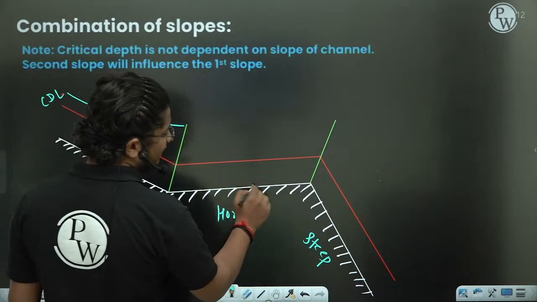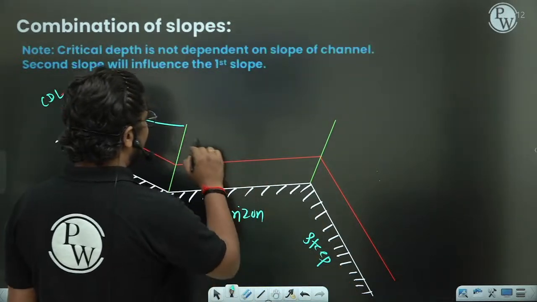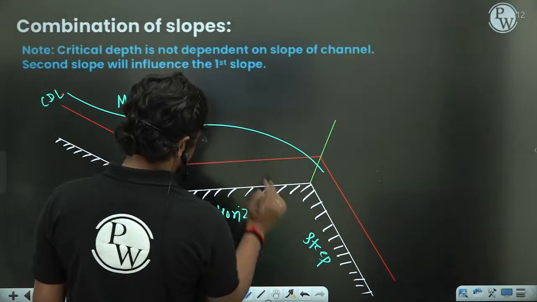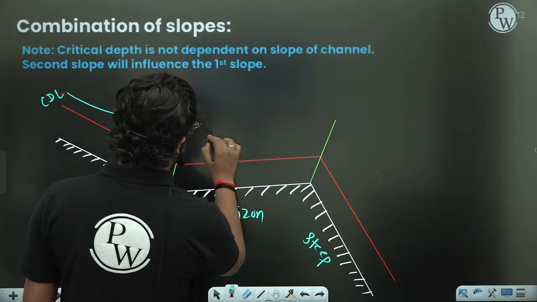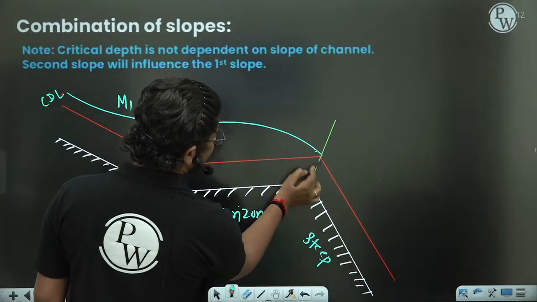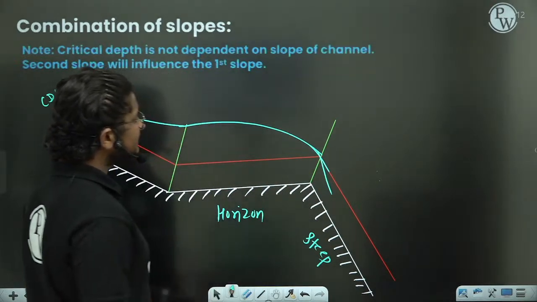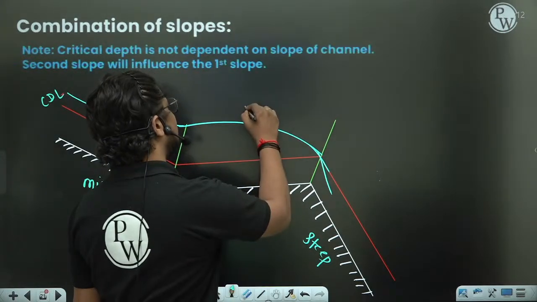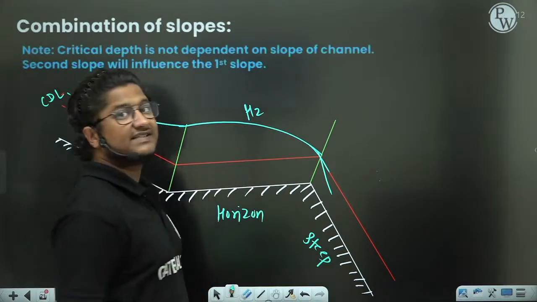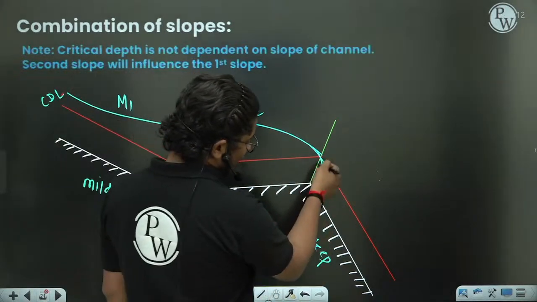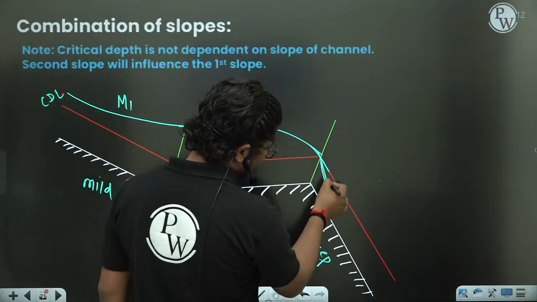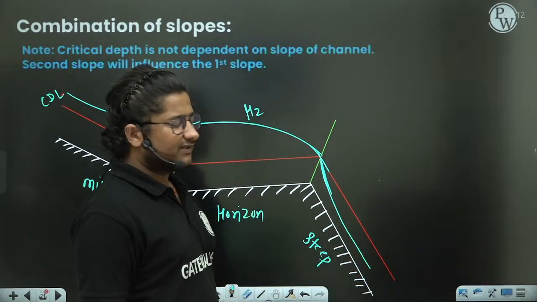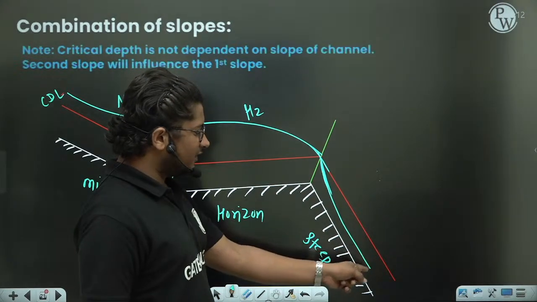Now after the horizontal, we have a steep slope, so definitely the water surface is going to fall. It will be like this. In a horizontal slope, if the water surface profile is falling, there is only one falling profile, that is H2. In a steep slope also, this profile will be falling only, and it will try to make an asymptote with the NDL line, because in steep, the NDL line will be below the CDL line.